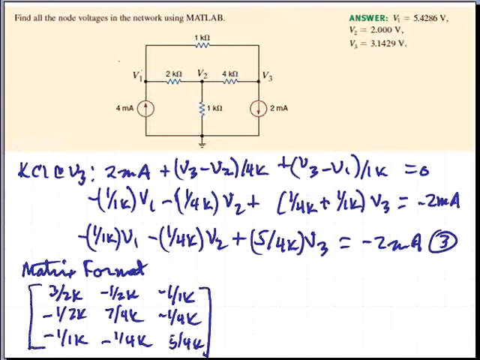That's the conductance matrix times the voltages V1, V2, V3 is equal to 4 milliamps, 0, and minus 2 milliamps.